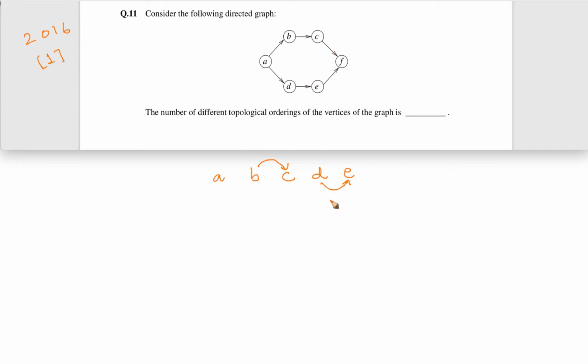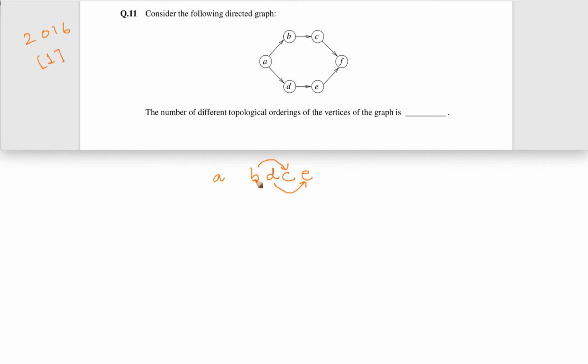So we might have a situation like this also. Rather than having D and E here, we can have D here and E here also, because this also follows the condition that D should come before E and B should come before C. But we don't have any condition regarding the placement of D versus C. So this is the situation we are talking about.